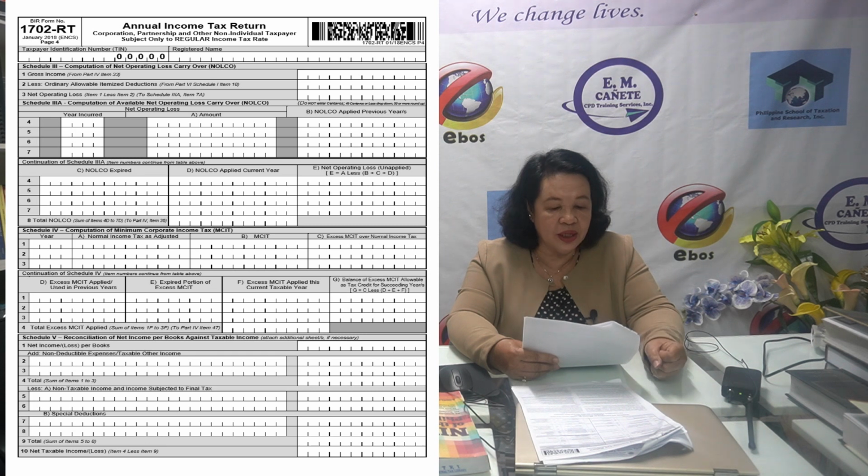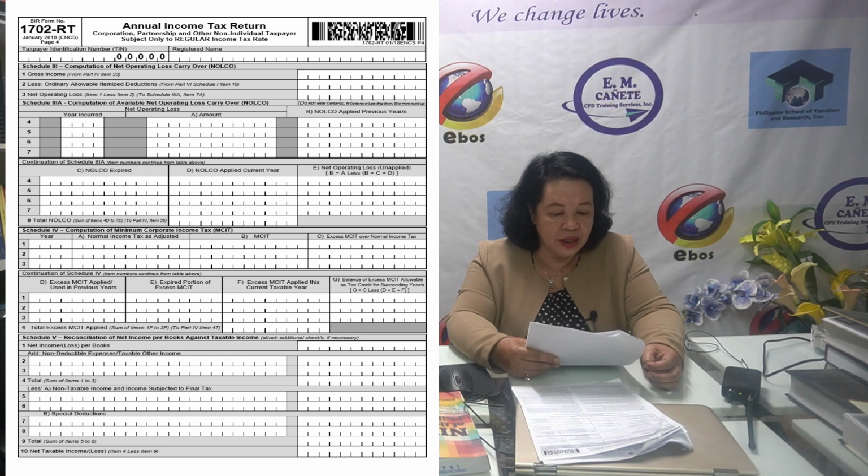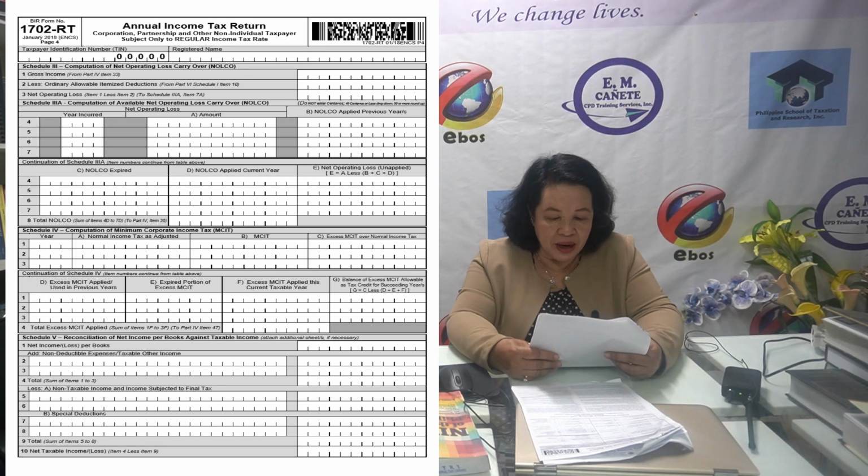Number 1, gross income less ordinary allowable itemized deductions, and number 3 is the net operating loss. And then under Schedule 3, we have the computation of available net operating loss carryover or the NOLCO. So the year incurred. Why is it very important that you put here the year incurred and the amount and the NOLCO applied?